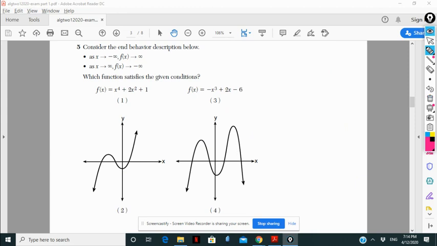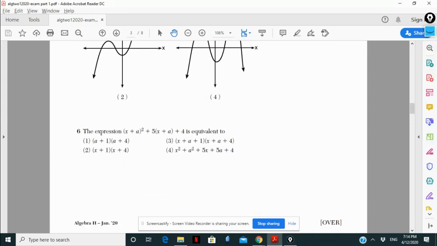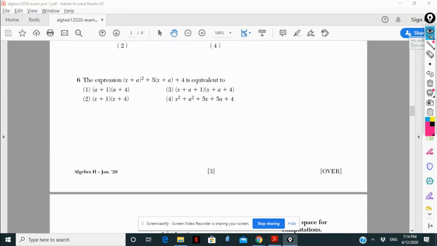Question number 6. Which expression is equivalent to this? So I have to start to FOIL this one.